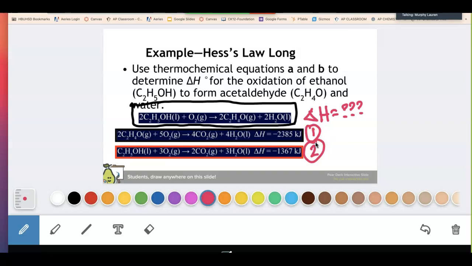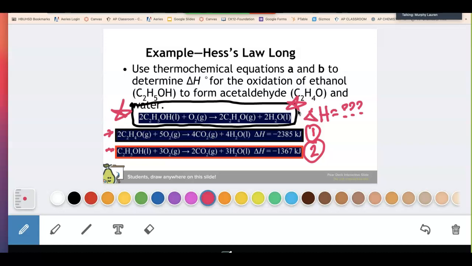So all you're going to do is manipulate these two reactions to force them to look like the top reaction. The things that we will do will be either multiply, you can also divide, and flip things forward or backward. Those are the two rules that we'll do.